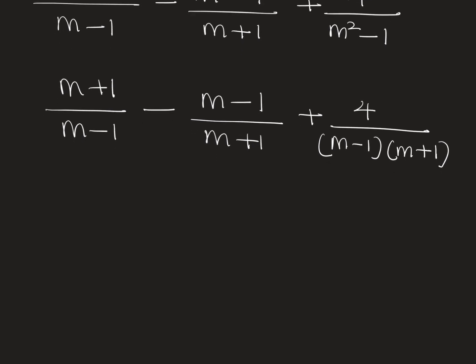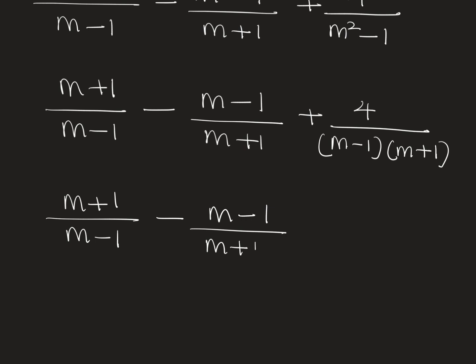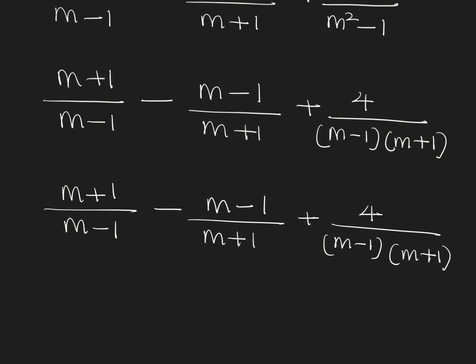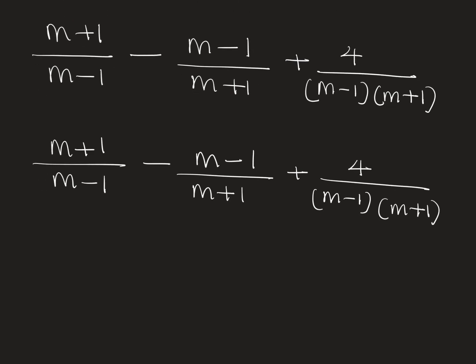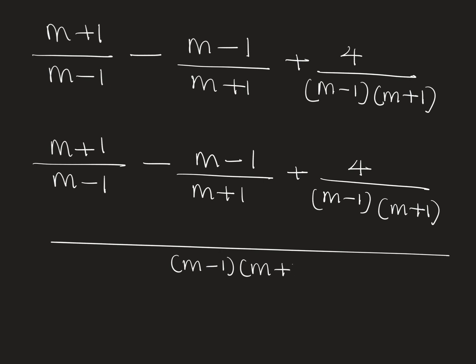Now, to rewrite this, we'll have m plus 1, m minus 1 minus m minus 1 all over m plus 1 plus 4 all over m minus 1 into m plus 1. So to find the LCM of that, we've said we're going to use m minus 1, m plus 1.